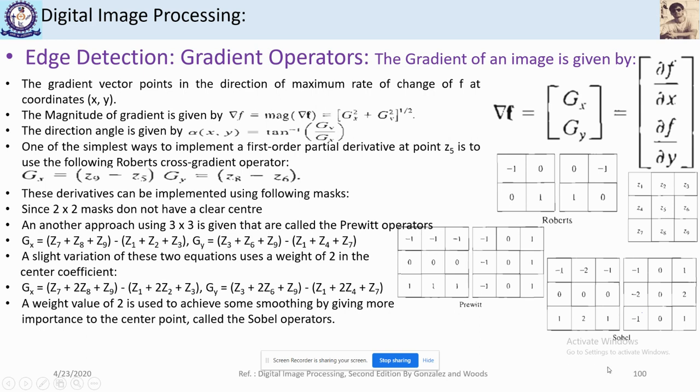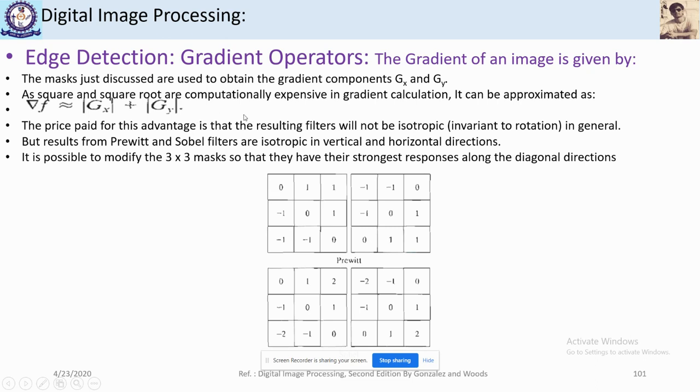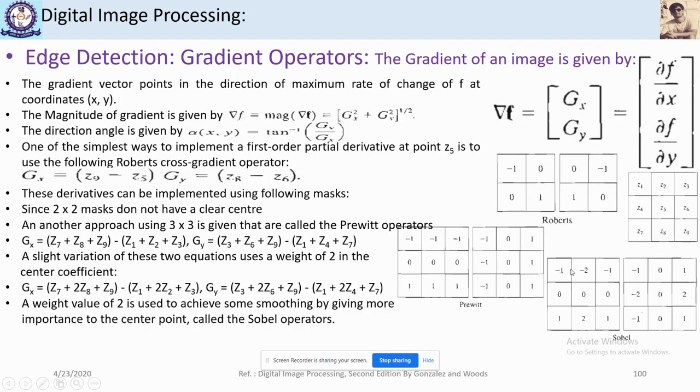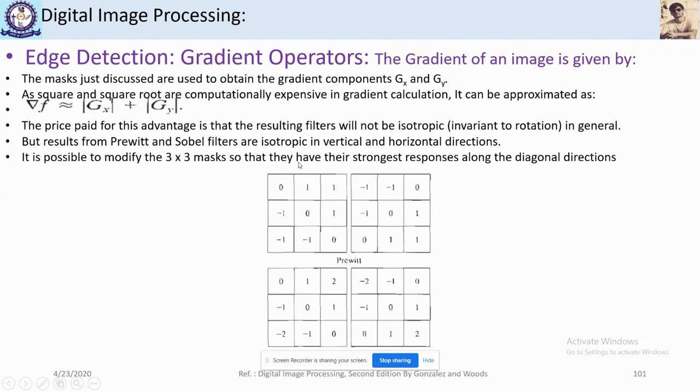But if we use Prewitt's operator or Sobel's operator, they give strong response in the horizontal or in the vertical direction. So this will give us strong response in the x direction, this will give us response in the y direction. So they are isotropic only in these two directions, and this approximation will also be isotropic in horizontal and vertical direction.